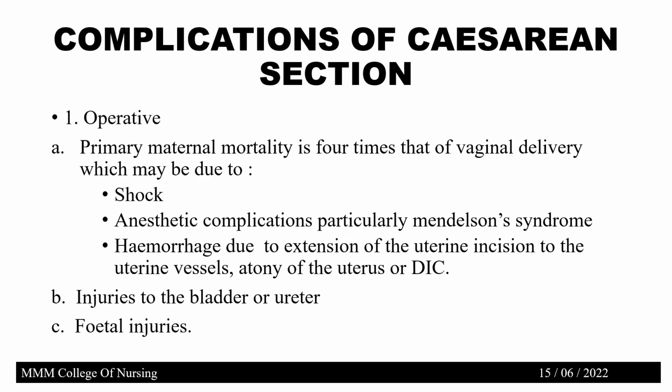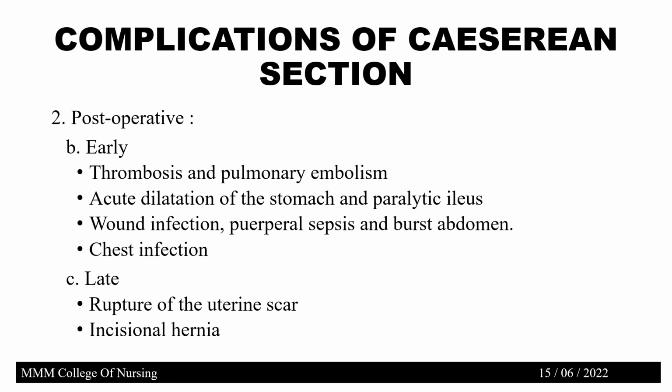Next is fetal injuries. Postoperative complications are divided as early and late. Under early we have thrombosis and pulmonary embolism, acute dilatation of the stomach and paralytic ileus, wound infection, puerperal sepsis, burst abdomen, and chest infection. The thrombosis, pulmonary embolism and chest infections are mainly due to immobilization of the mother, and acute dilatation and paralytic ileus may be due to injury to the bowel while handling the organs inside the abdomen.